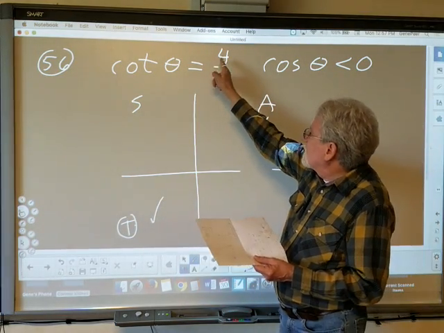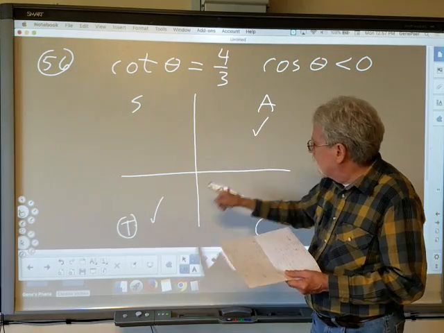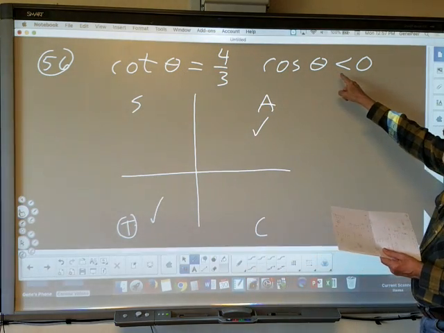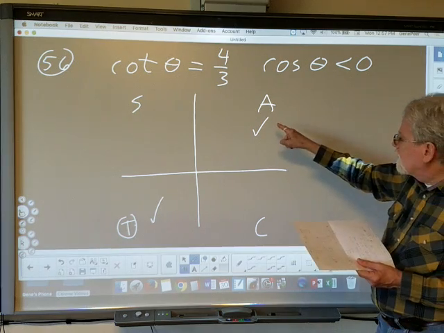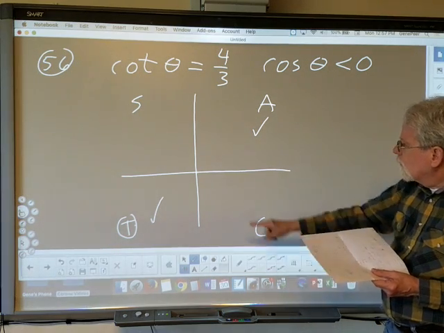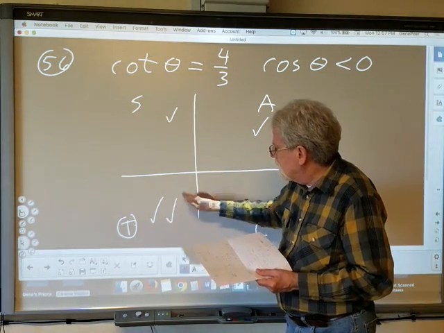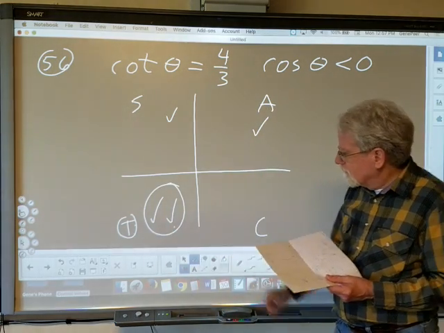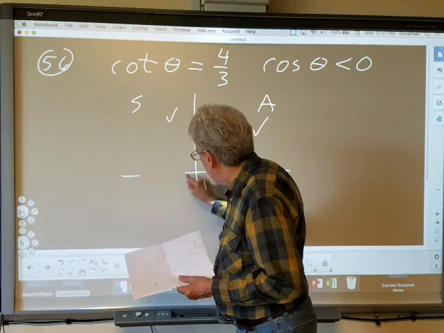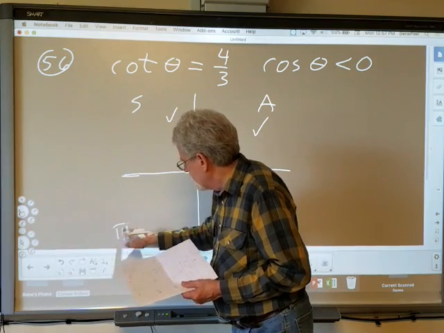So this fact that it's positive 4/3 puts us here or here. The fact that cosine is negative, where will cosine be negative? Cosine is positive here and here. Cosine is negative here and here. That puts us in quadrant 3. So we are right now in quadrant 3.